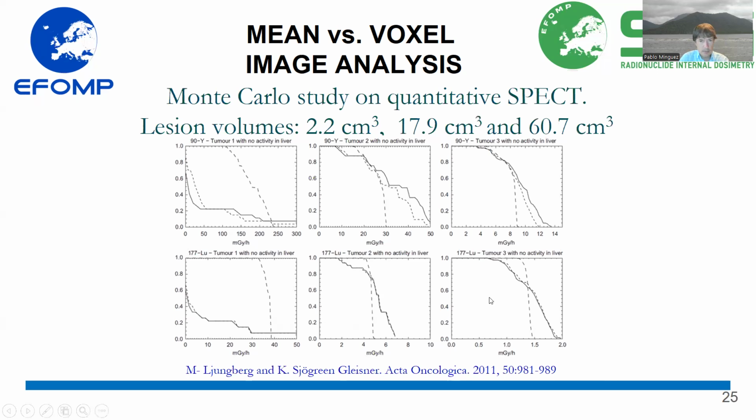In this case, the dashed line represents the real distribution, and we can see that as the volume decreases, the calculated distributions are going to be more different from the real distribution. So even if we perform a very good calculation, because of the partial volume effect, we are going to get quite wrong dose volume histograms.